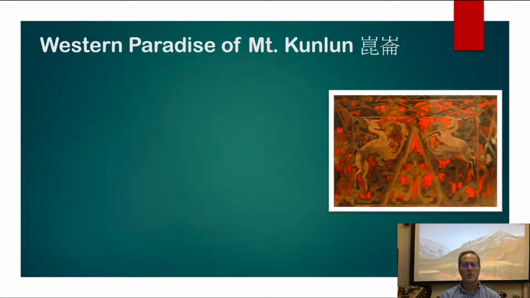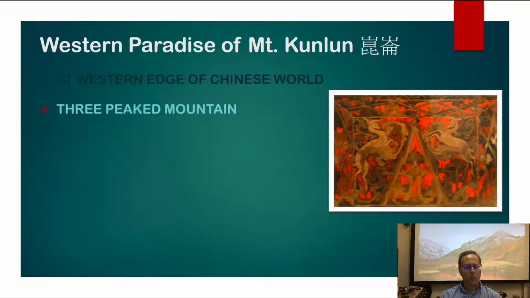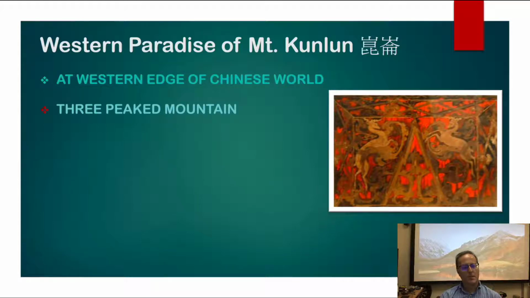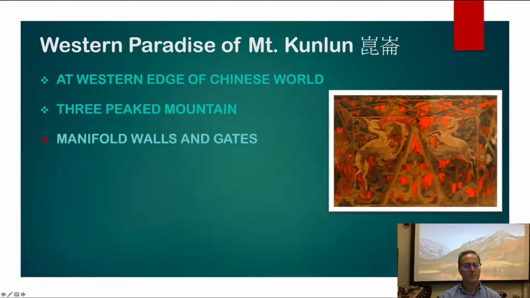And so Mount Kunlun is the paradise of ancient China. It's at the western edge of the Chinese world, but really the center of the world. It's an axis mundi. And it's characterized by a 3-peak mountain, which you see here on one of the coffins from Ma Longdui. And it also is surrounded by many gates and walls.